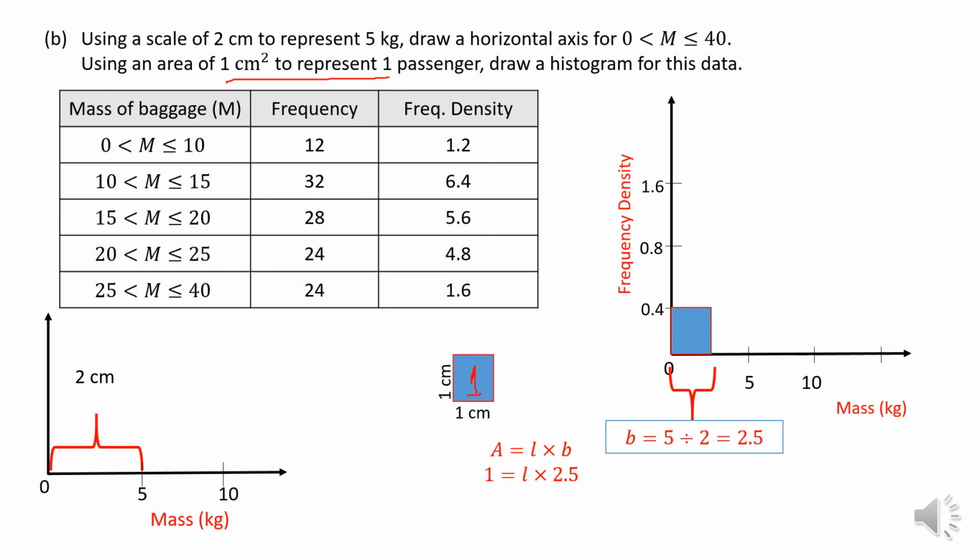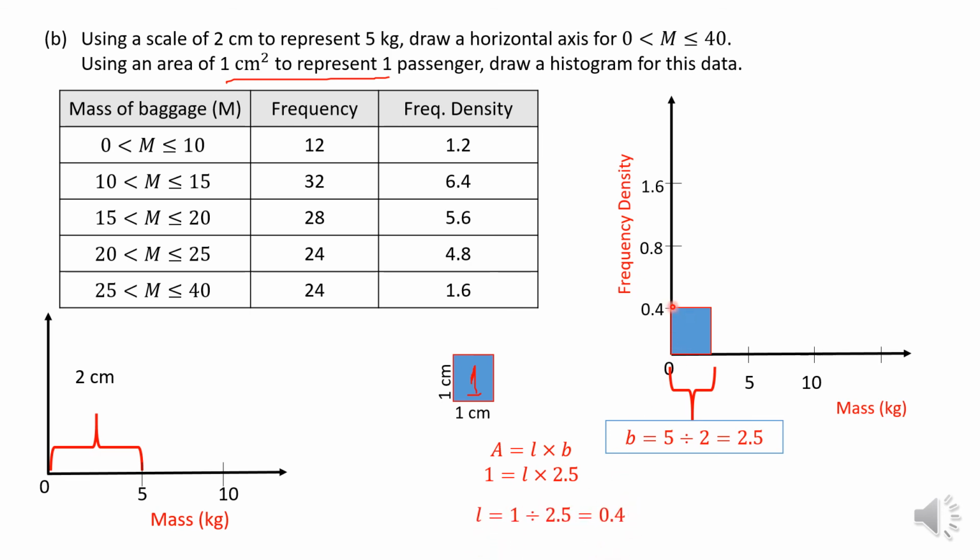The frequency is equal to the area under the rectangle. So 1, which is the area, should equal the length, from 0 to the 0.4 that I'm looking for, times the width, because this is a square. So 1 is equal to the length times 2.5, and then the length is 0.4.